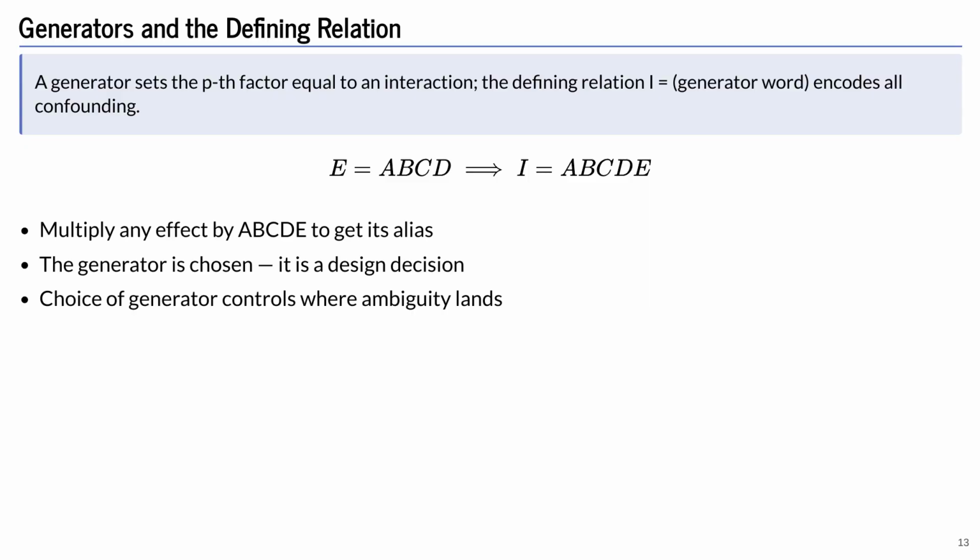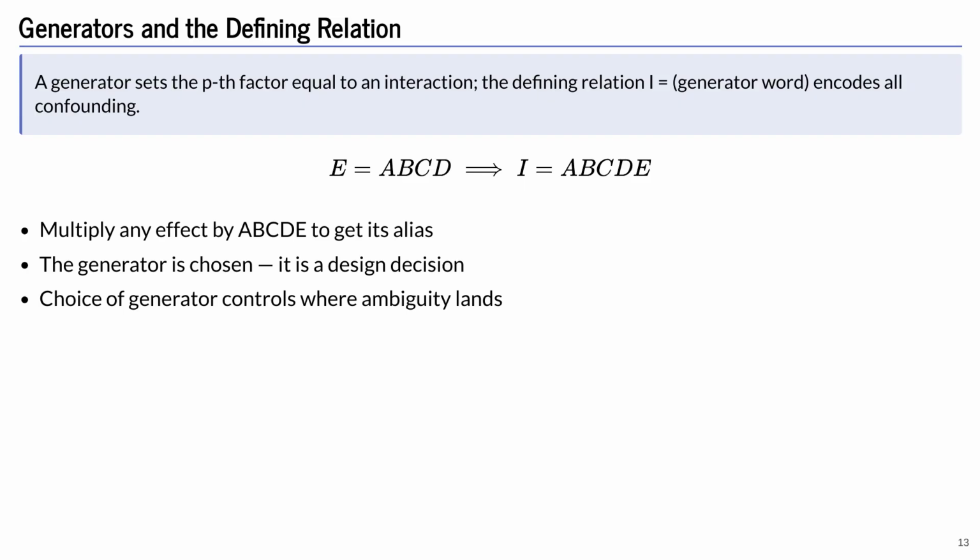The generator is the design decision that sets the p-factor equal to a specific interaction of the base factors. For our coding study, the generator is E equals ABCD. We set coding thickness equal to the product of the other four-factor columns. Once we do that, the defining relation of the design is I equals ABCDE because E times E equals I. So multiplying both sides of E equals ABCD by E gives I equals ABCDE.